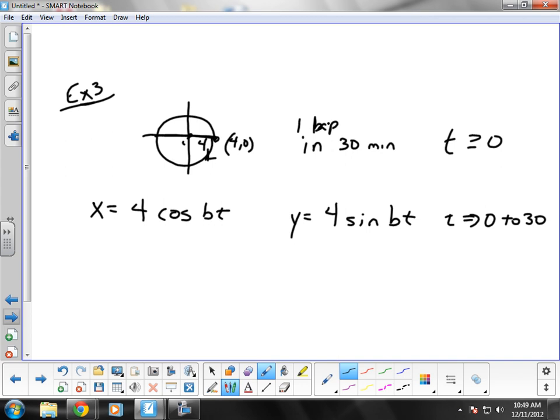In that time, bt has gone from 0 to 2 pi, right? Therefore, 30b would have to be equal to that 2 pi, right?